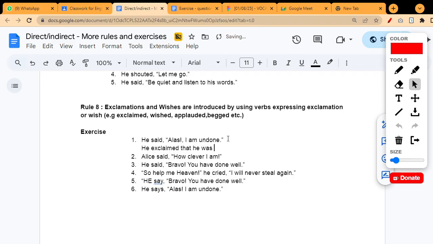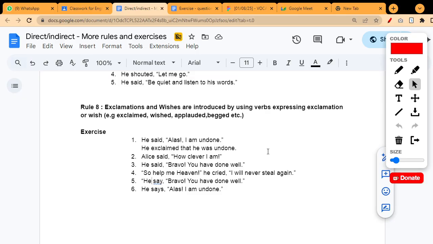He was undone. Okay. In some places we could say applauded, for example, okay, and then the same rule will apply. He said here, because it's a reporting verb, that's why we have changed the tense from am to was.